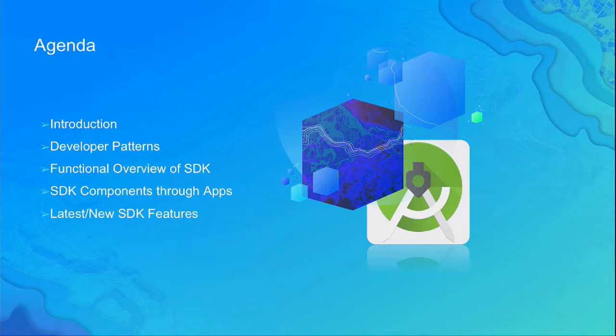And then we'll discuss the SDK components as well, those classes, but we'll do it through some apps, and then we'll see what are the components that are used in those apps, and then talk about the SDK through that. And lastly, we'll just highlight what are the latest or new features that we had in the SDK, probably for the past 2 releases. So that's, in summary, the agenda for today. So let's get started.